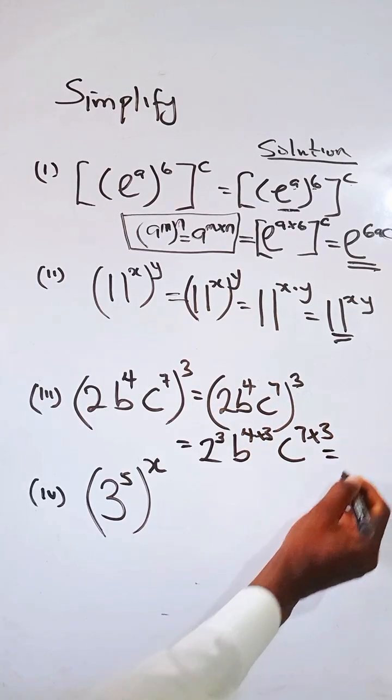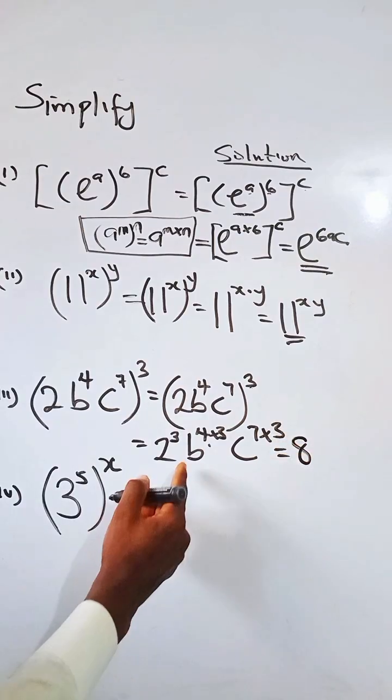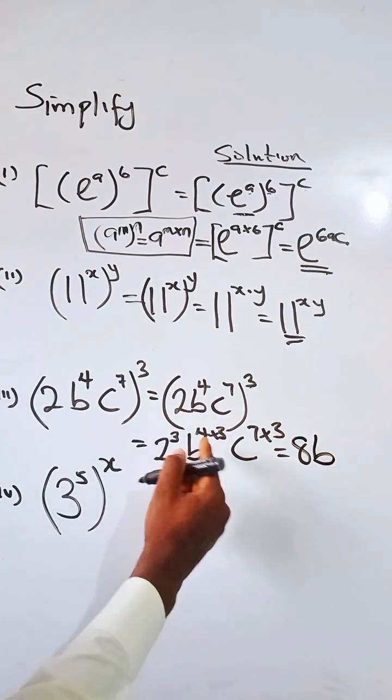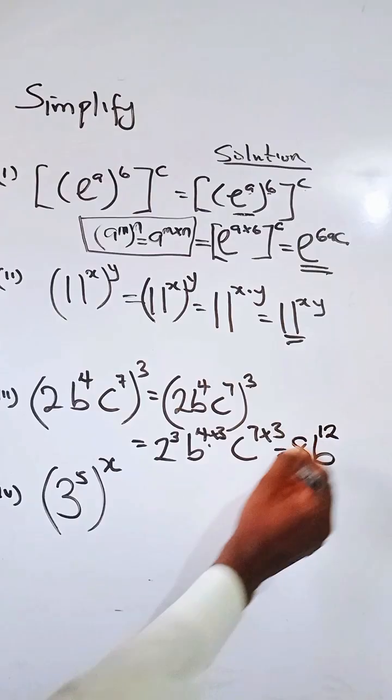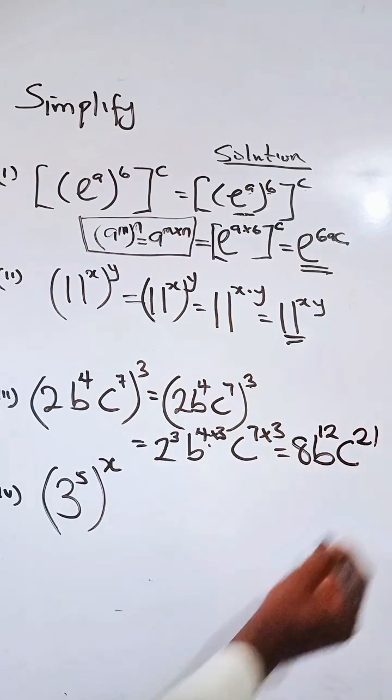So 2 raised to power 3 is 8. For b, 4 times 3 is 12. For c, 7 times 3 is 21.